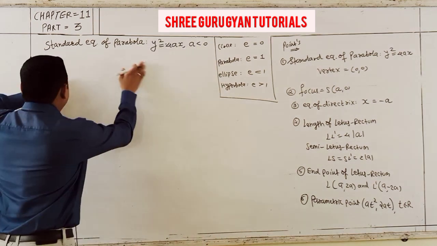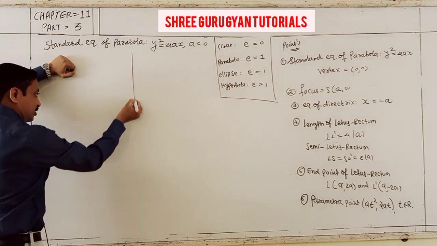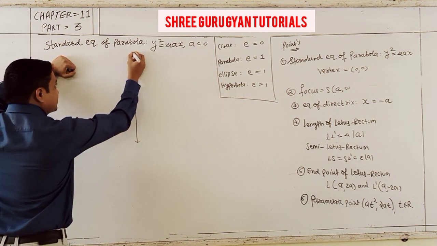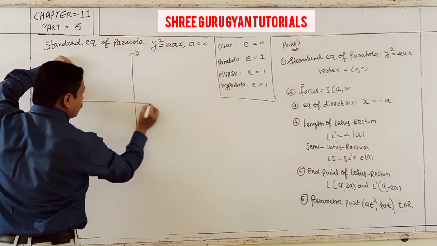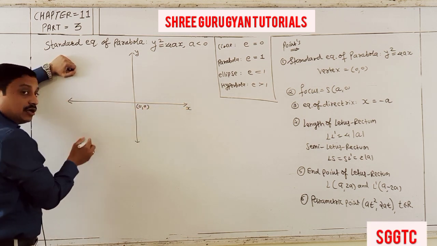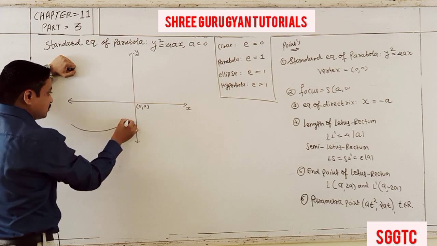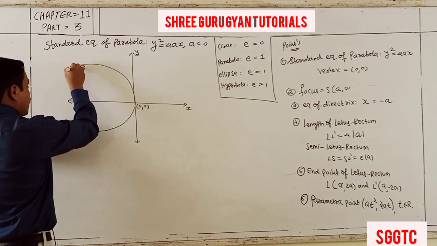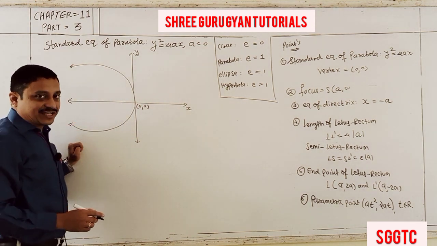So in the second case, you plot the drawing. In this case y here, x here, origin, and you will draw your parabola on these sides now, the negative side of the x-axis.